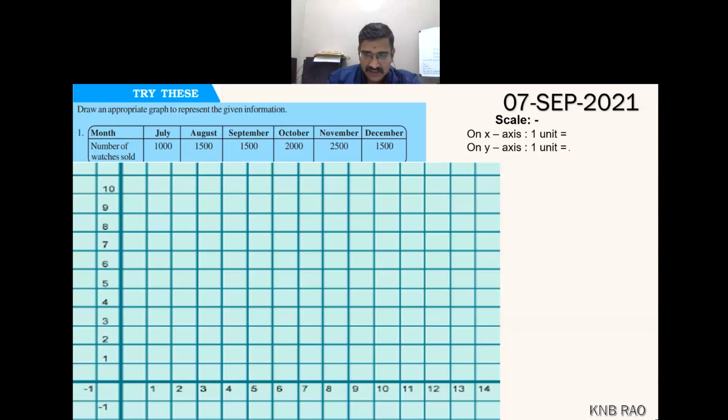Yes. On y-axis, if I take numbers, then it becomes a vertical bar graph. If I take numbers on x-axis, it becomes a horizontal bar graph. Yes, I can draw horizontal also by taking numbers on x-axis.